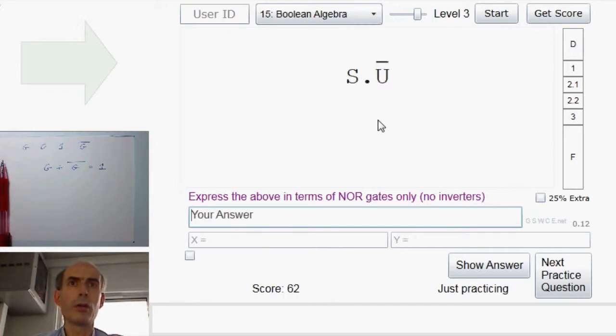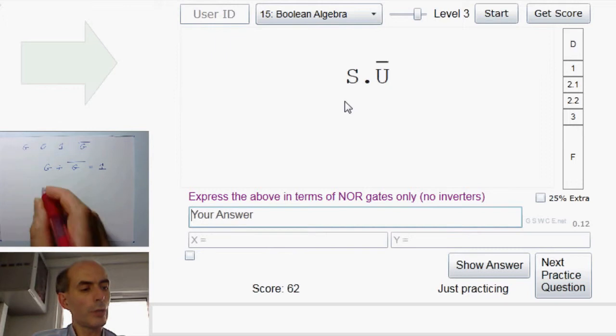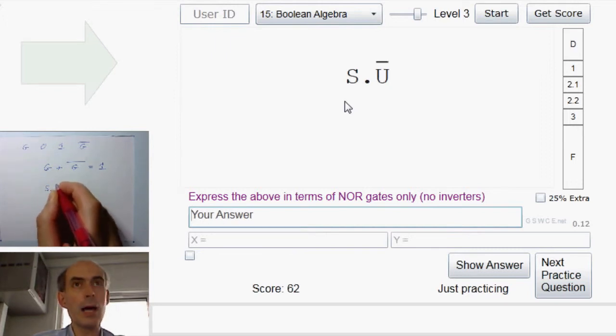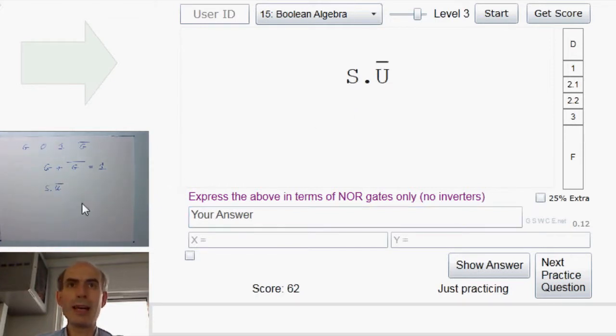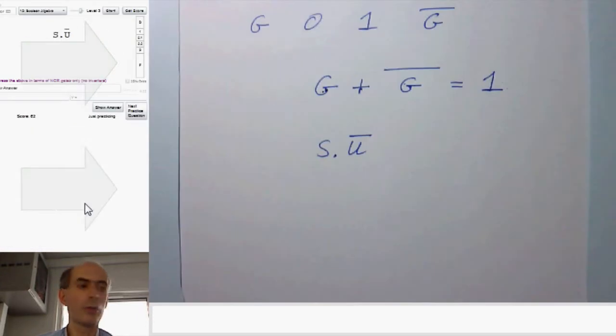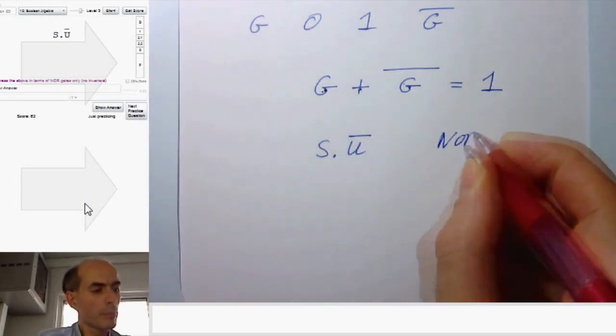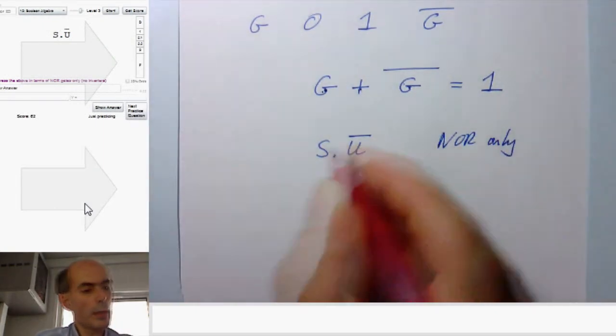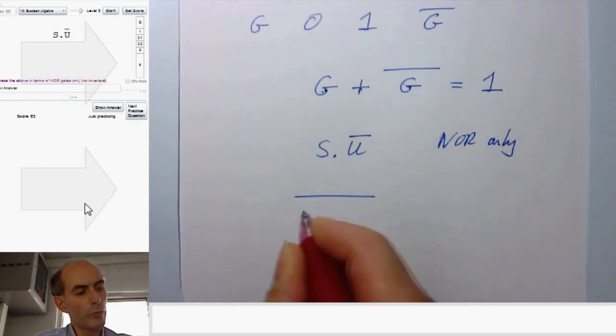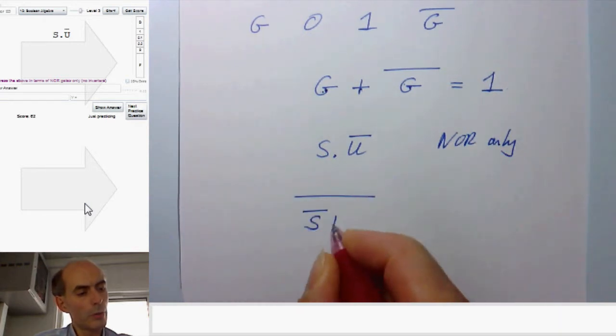This one, NOR gates with no inverters. And it's currently just an inverter and an AND gate. So, again, we get rid of the AND gate by applying De Morgan's theorem. And that would give us not of not s or u.